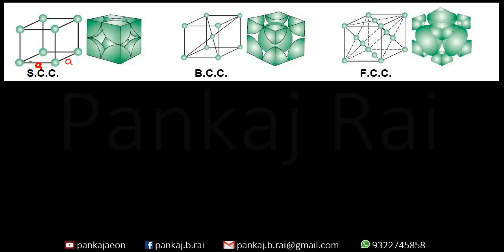What I am interested in is this diagonal. Look at this diagonal on the base square. We know that if the side of the square is a, then the diagonal is given by root 2 times the side, so it is root 2a.